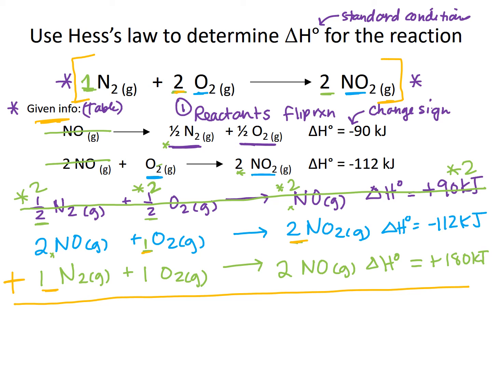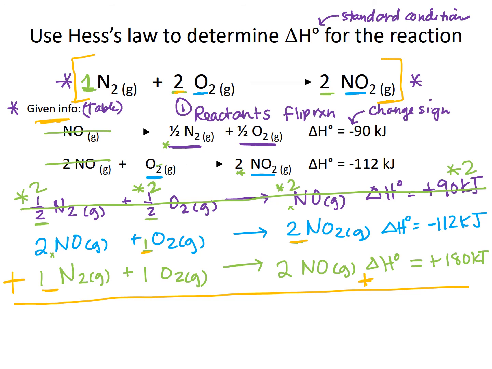So if I add those reactions together, then I have to add the delta H values also, okay? So remember, when you're adding reactions, whatever is the same on one side, you write it down, and whatever's the same on both sides, you can cancel it. So I'm going to start up here.